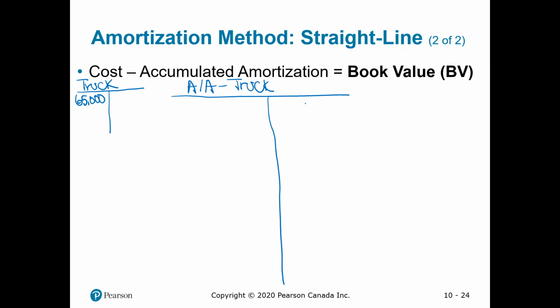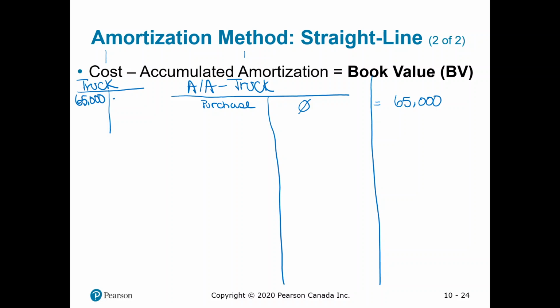So when we purchase it, there's zero amortization. So on January 1st, 2020, when we bought the truck, it's sitting at this cost of $65,000. There's no accumulated amortization. So we can also calculate our book value, which is the cost minus accumulated amortization. So at the purchase date, our book value is that full $65,000.